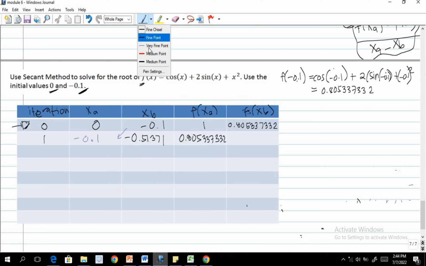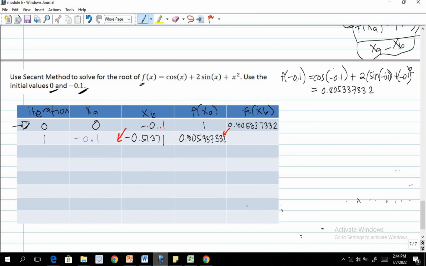May napansin kayo? Diba itong value na to, siya rin yung value dito? So, para hindi na tayo magkahirapan, since yung negative 0.1 dito, binaba mo siya dito, ganun din yung gawin mo. Yung xb dito sa may iteration 0, ibaba mo lang siya dito sa may fxa ng iteration 1 para hindi na tayo magka-problem.